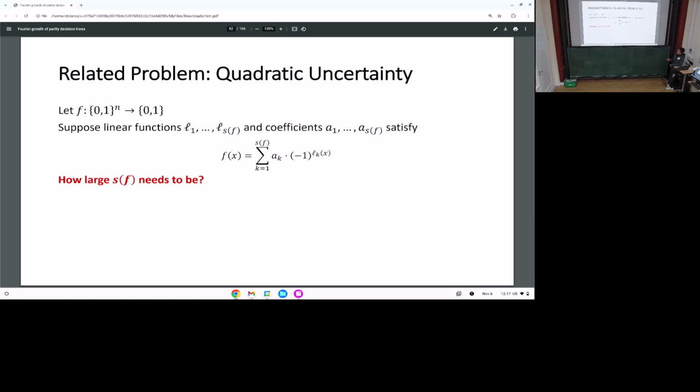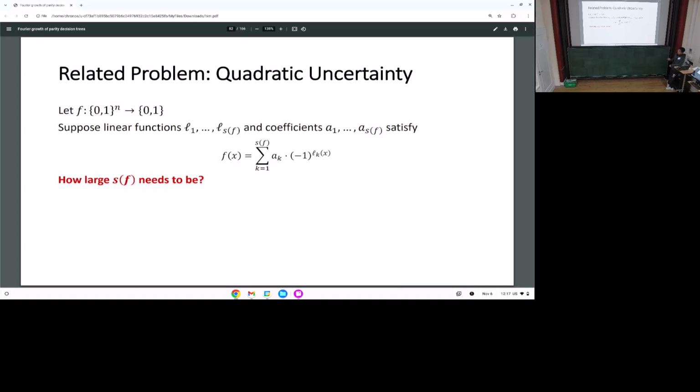Let f be a Boolean function that maps the 0, 1 hypercube to 0, 1 output. And suppose we have linear functions L1 up to Ls, and coefficients A1 up to As, such that you can write f(x) as a linear combination of these linear functions. So it's the sum of AK times minus 1 to the LK.